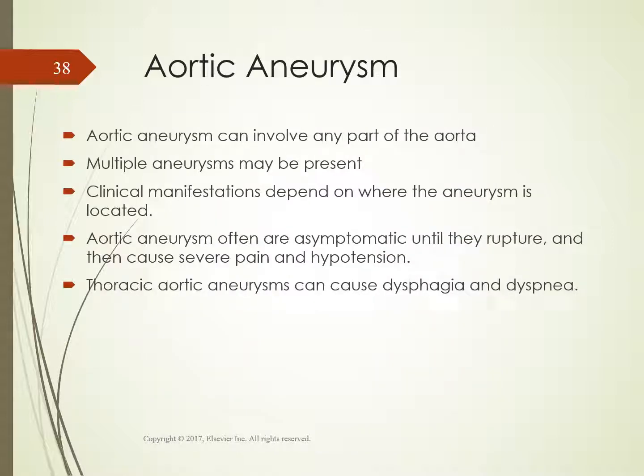An aortic aneurysm can involve any part of the aorta. Multiple aneurysms may be present. Clinical manifestations depend on where the aneurysm is located. Most aortic aneurysms are asymptomatic until they rupture, and they can cause severe pain and hypotension while they're rupturing. Thoracic aneurysms can cause dysphagia and dyspnea.